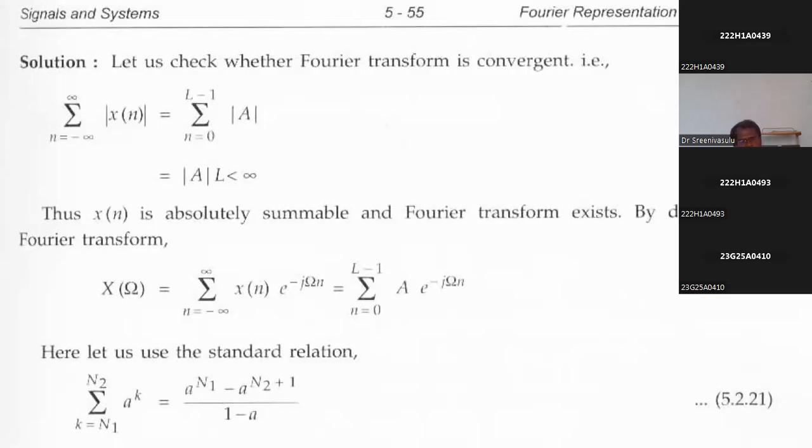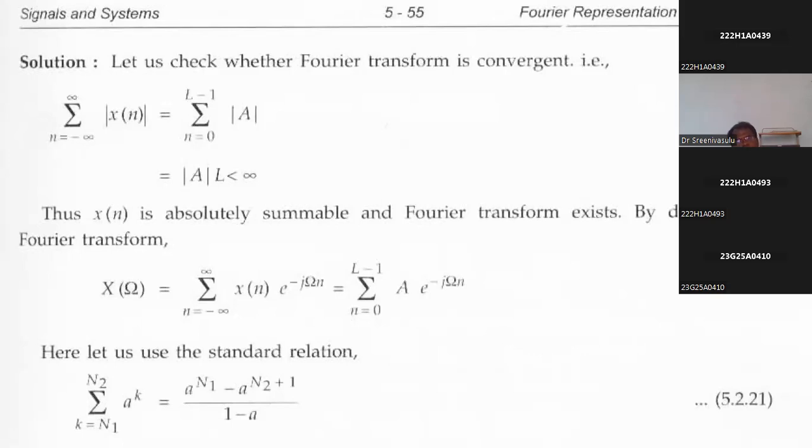So we can apply the DTFT for the particular given sequence. As usual, you write DTFT of x of n is equal to X of omega. It is the formula: X of omega is equal to summation of n equal to minus infinity to infinity x of n into e power minus j omega n.